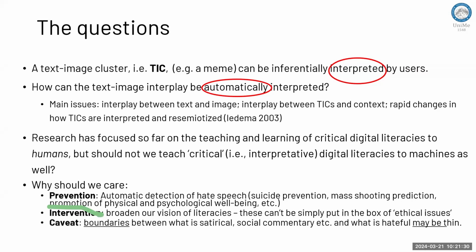The caveat to this model is that actually the boundaries between what is satirical, social commentary, or political critique and what is hateful may be very thin. And then again, these could vary a lot across different countries.